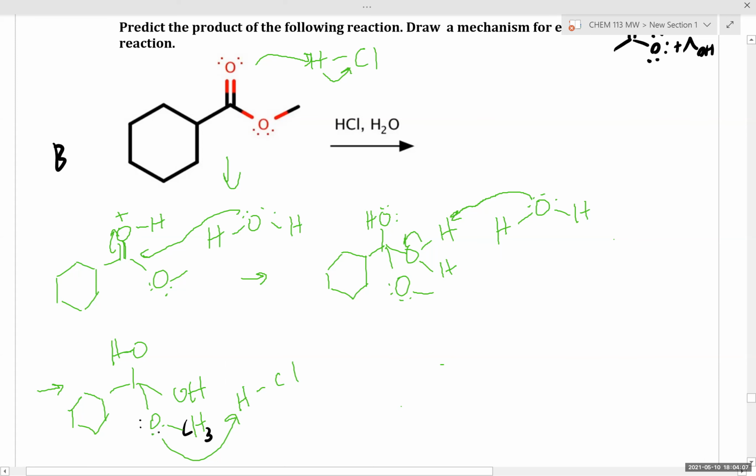Exactly right. After protonation now, we've activated our leaving group. So that way, when our tetrahedral intermediate collapses and we regenerate our carbonyl, we can readily lose our desired leaving group.